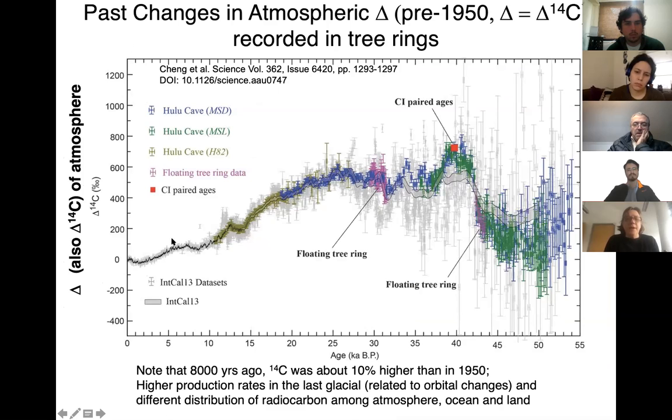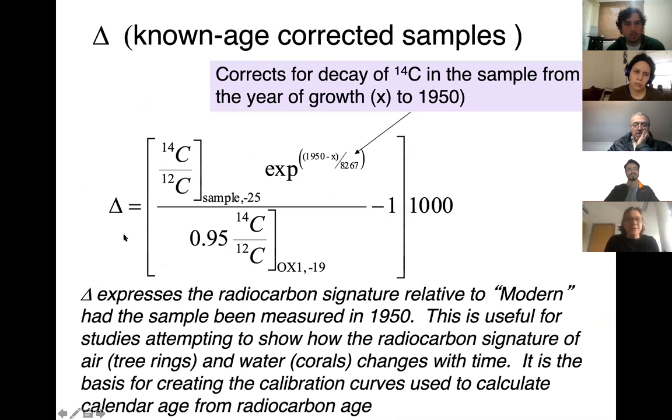And the important thing here is that as we go back in time, here this delta, we get another notation, which is basically the same as the delta C13 notation. It's the ratio to our standard minus 1. And here we have some correction for the known age of this sample.